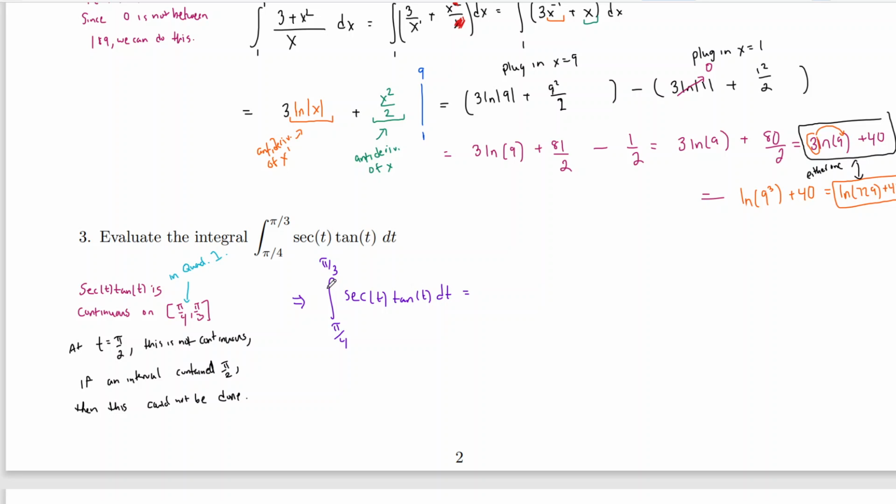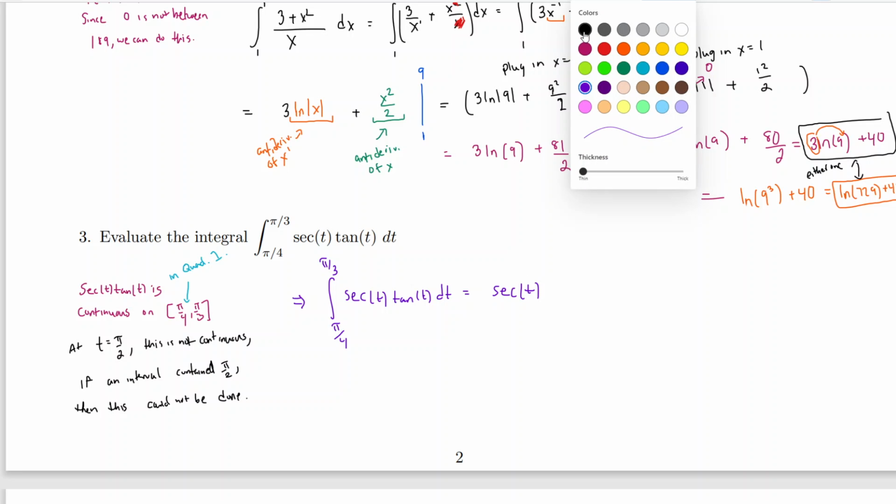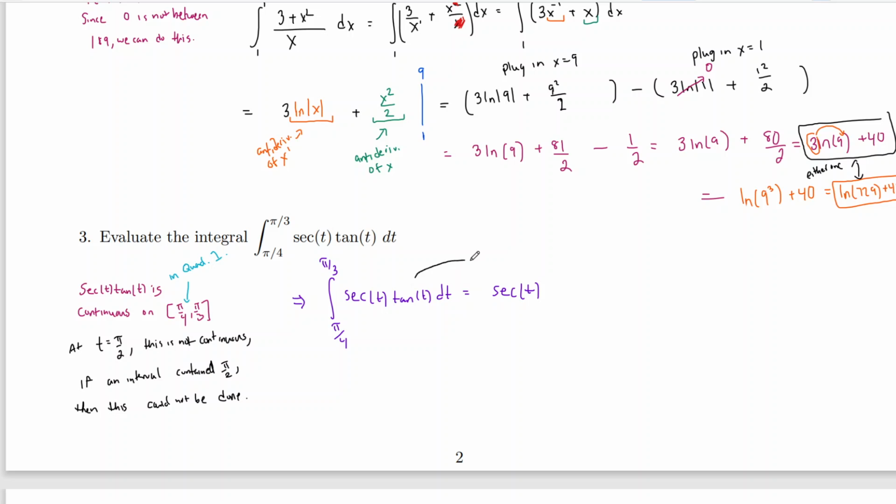Because the derivative of secant of t is this, that means the antiderivative of secant of t times tangent of t is actually just secant of t. Let me write that in a comment because it feels like it goes so fast. The antiderivative of secant of t times tangent of t is just secant of t.